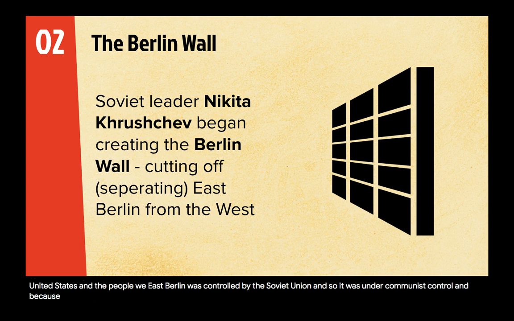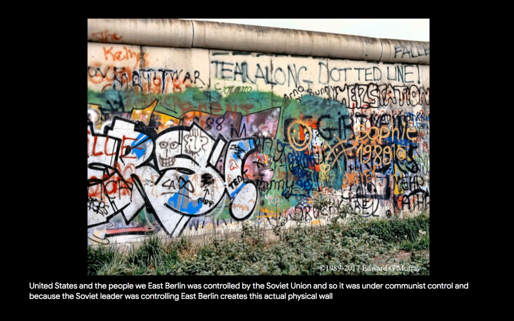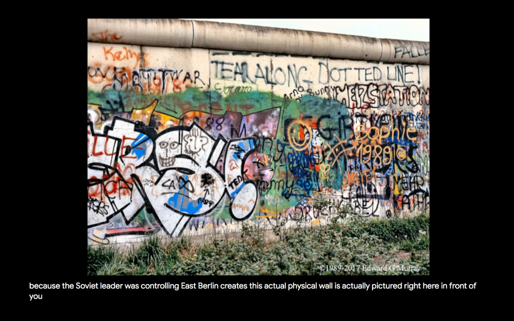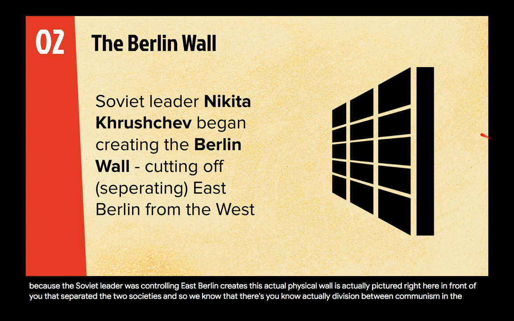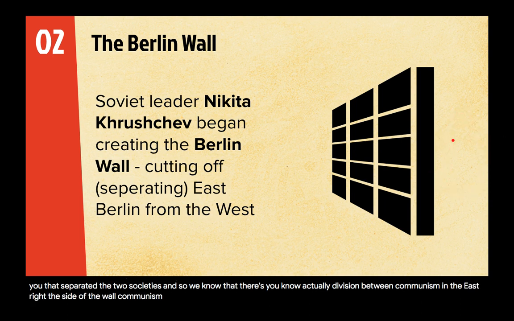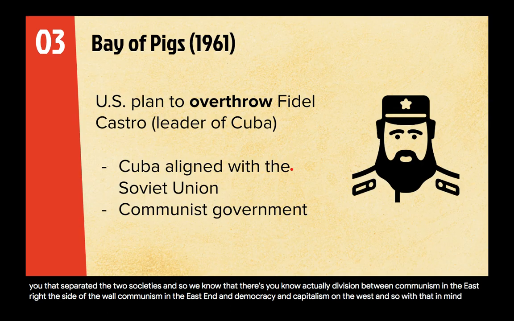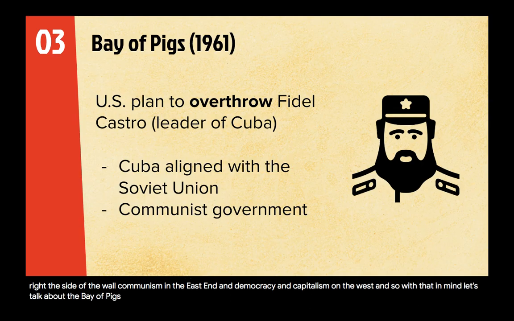And because the Soviet leader was controlling East Berlin, he creates this actual physical wall, which is pictured right here in front of you, that separated the 2 societies. And so we know that there's a division between communism in the East, this side of the wall, and democracy and capitalism on the West. And so with that in mind, let's talk about the Bay of Pigs.